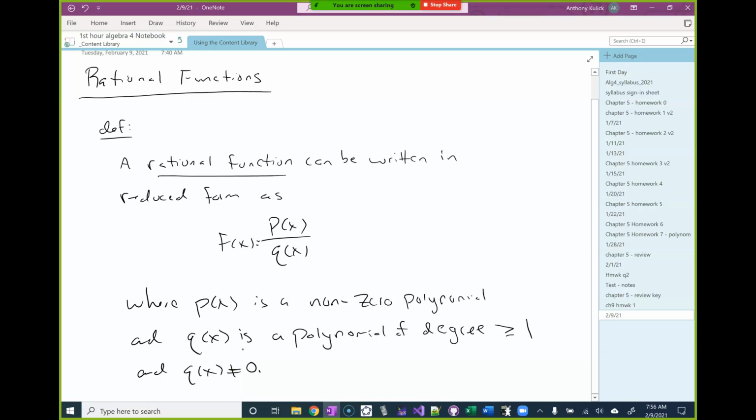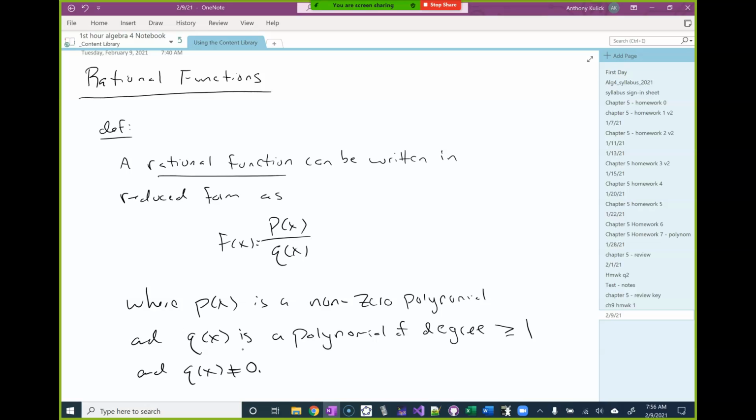Okay, so the simple way of saying what a rational function is, it's just a polynomial divided by another polynomial. That's the simplest way of thinking about it. Now we want to be a little bit careful there, because when we talk about a polynomial, we know that things like 7 is still a polynomial.